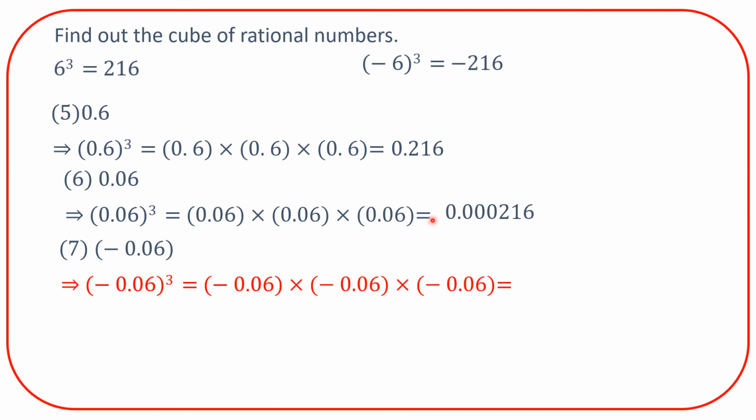No. Because in maths, when the sign is changed, the number is also changed. Here how many digits after the decimal point? 2 digits. 2 into 3 is 6. So the answer is minus 0.000216.